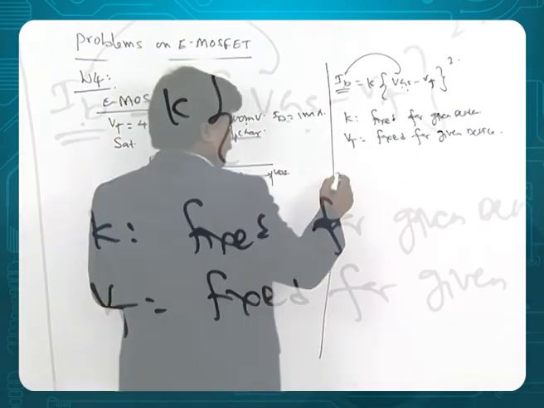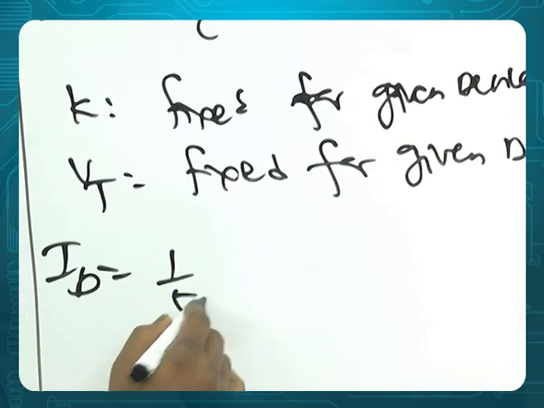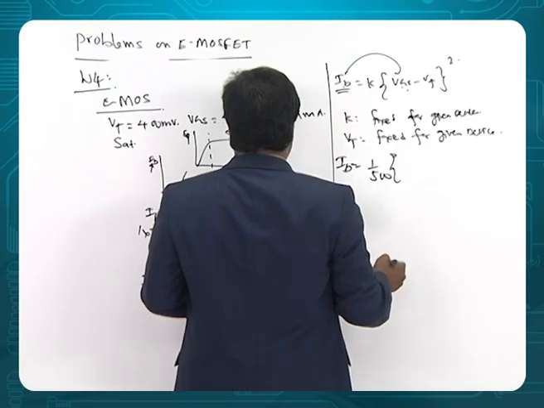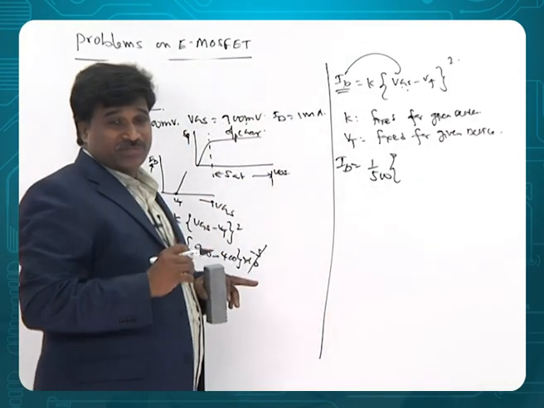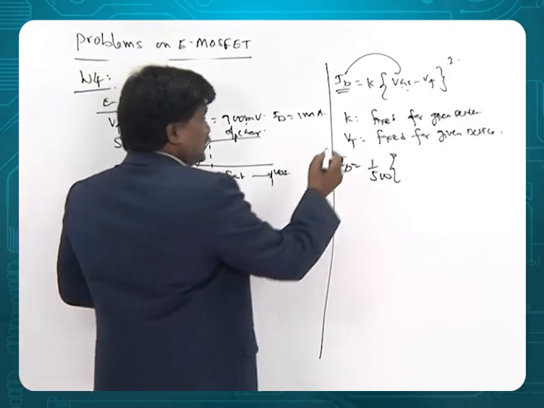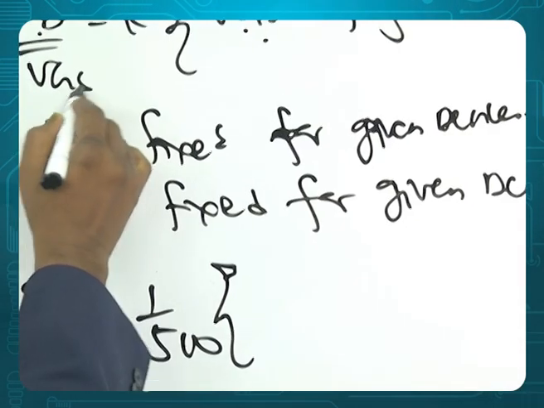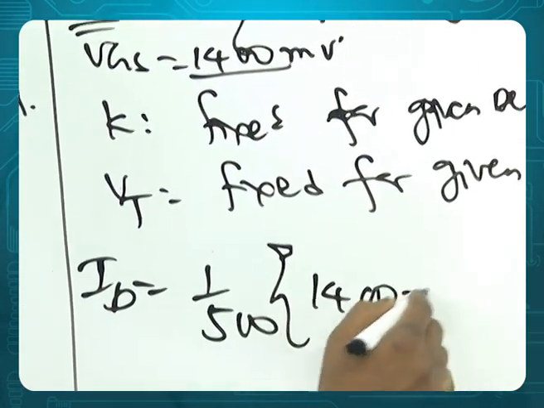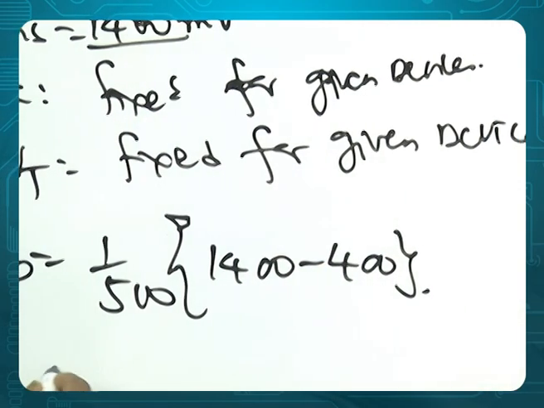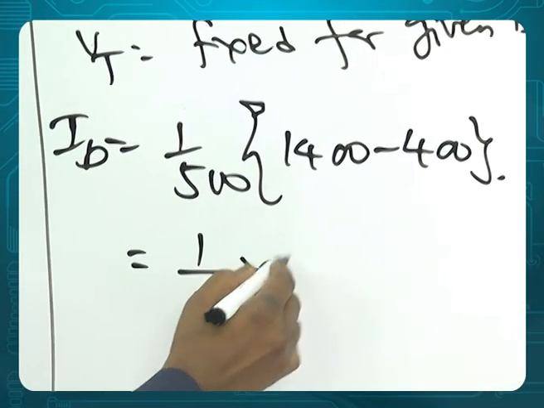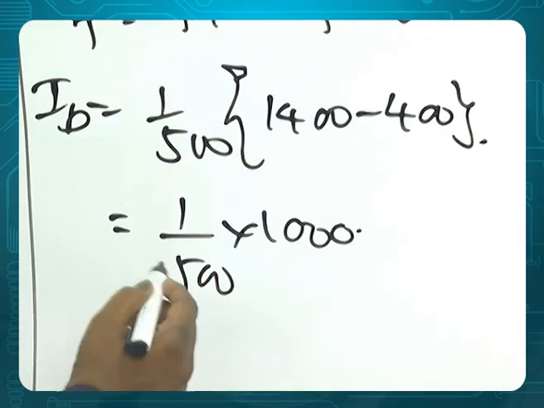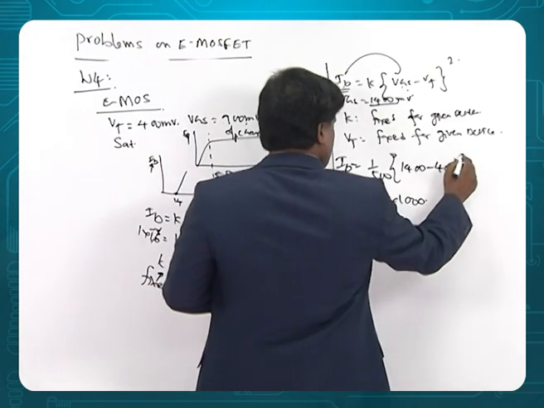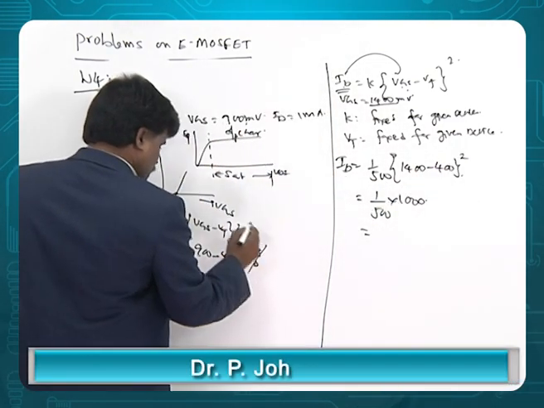Now substitute here. ID is equal to 1 by 500 into, what is the value of VGS given for us? He is asking for VGS 1400 millivolts. That means 1400 minus 400. So 1 by 500 into 1000. Square. Don't forget about square here. Oh, here also square is there.